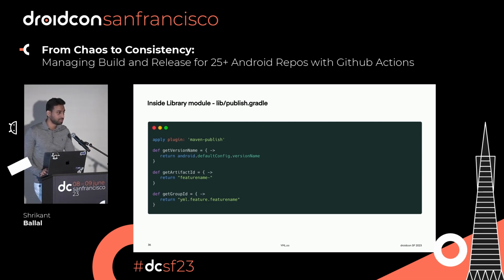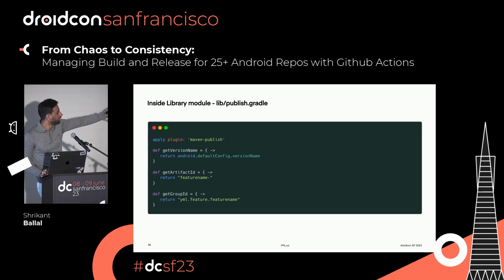I'll show you in the next couple of slides. This becomes the path of the library: groupId:artifactId:versionName. That will be the whole path to find that library and pull it from the GitHub package manager.